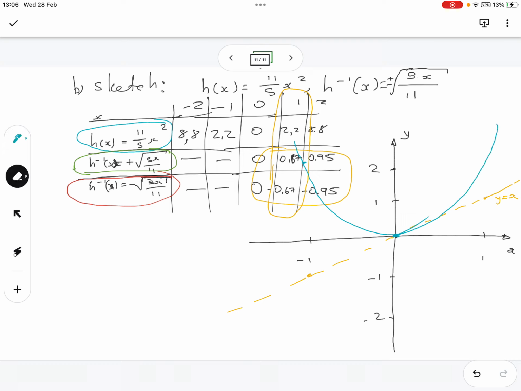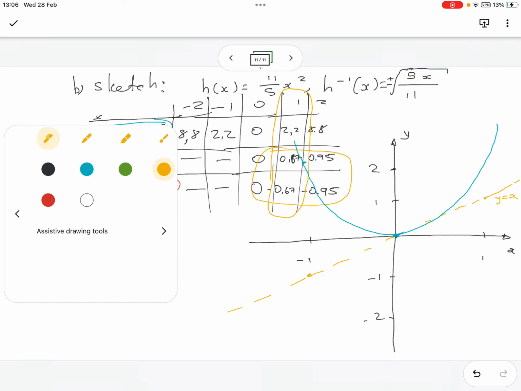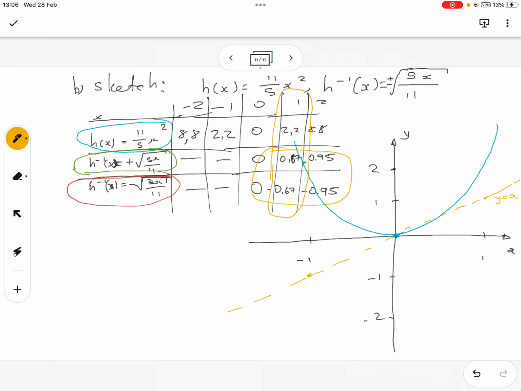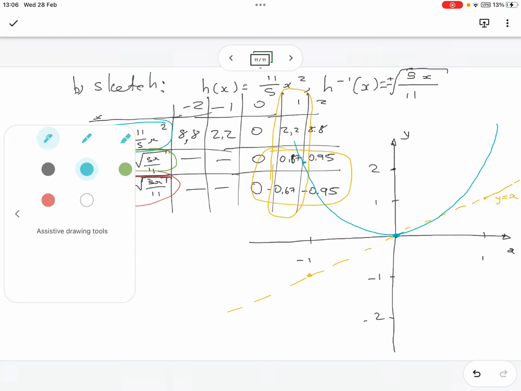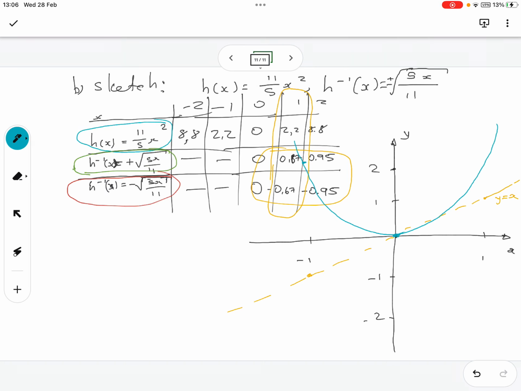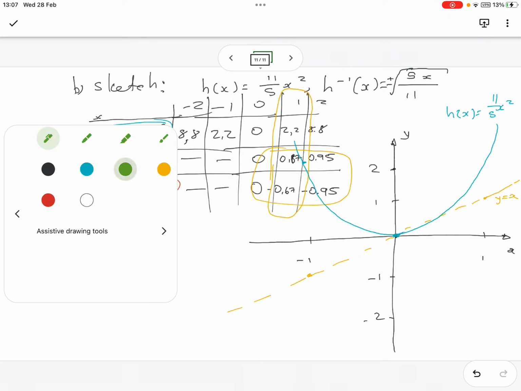Yeah, that's more like it. Okay, so h of x is 11 over 5 x squared.